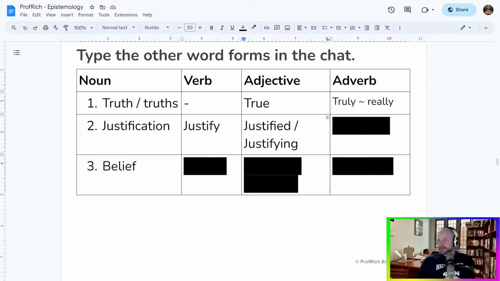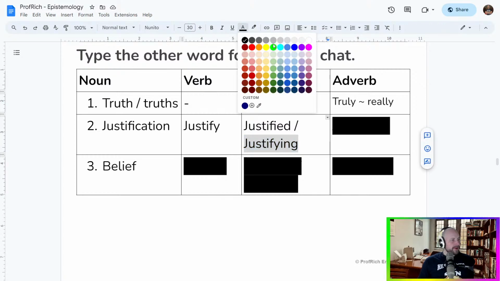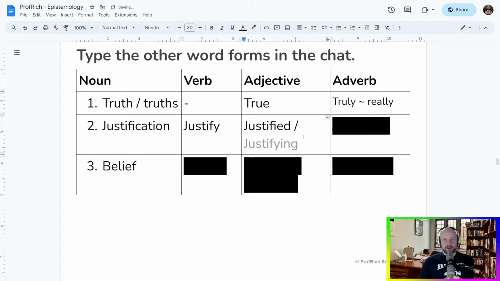I'm trying to think of an example of how to use the word justifying as an adjective. It's not easy. A justifying argument. It's not very common, so we're going to make that a bit grey. Not very common to use justifying as an adjective, but it does exist.